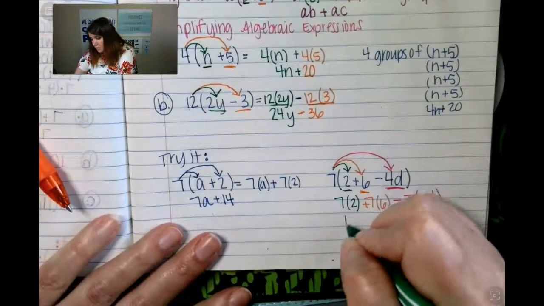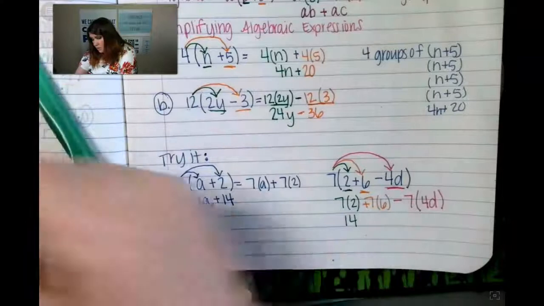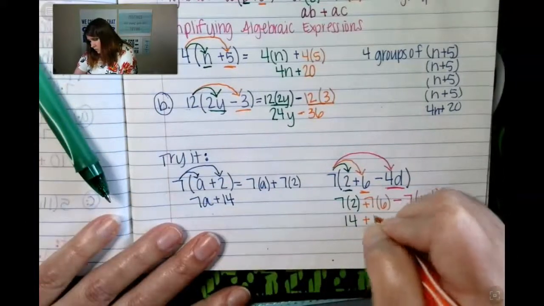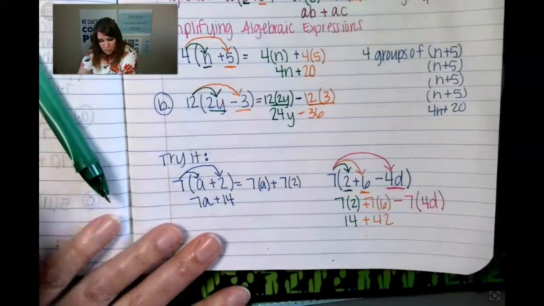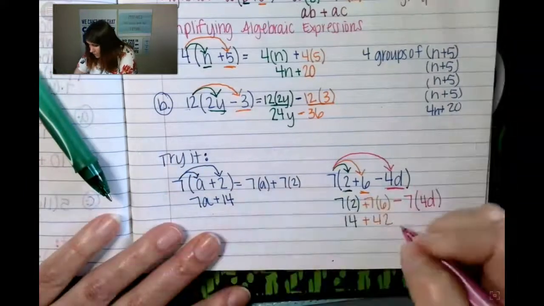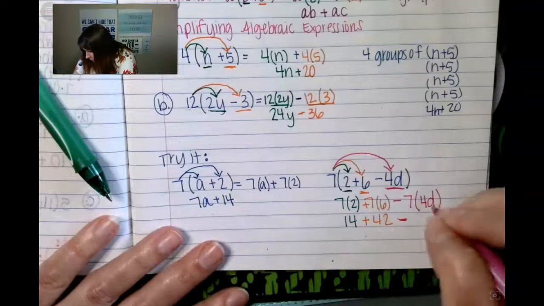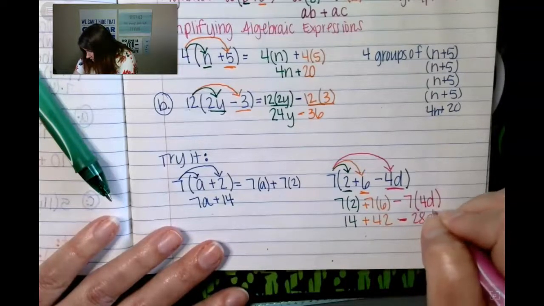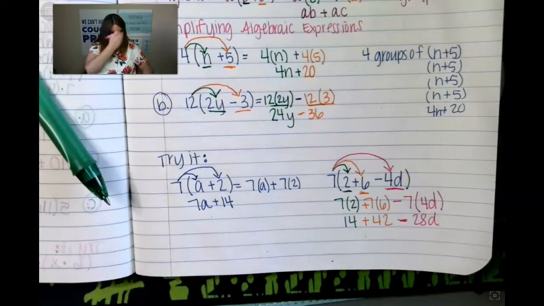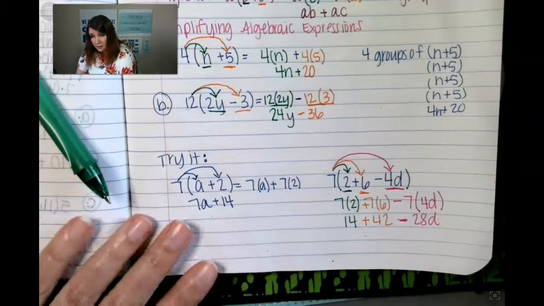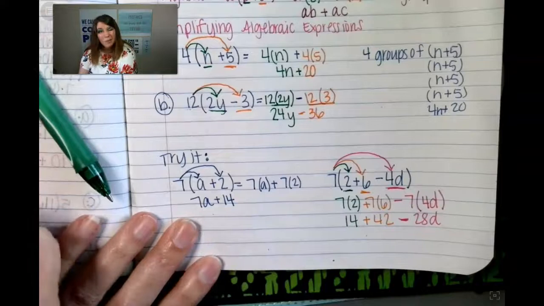You could say 14 plus 42, minus 28d. I have a really bad headache. Okay, good. I did that right. I was like, wait, did I multiply that right?